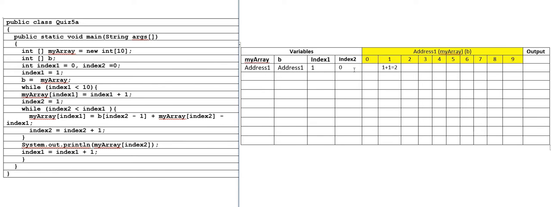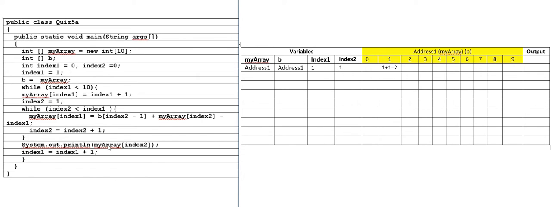And we check whether index 2 is less than index 1, like the previous tracing video. No, it's not less, they're equal, so we don't get inside that loop. Since the condition is false, we execute the statements just after the loop.